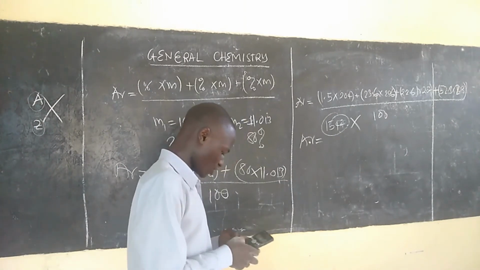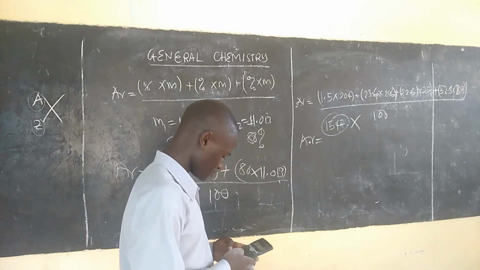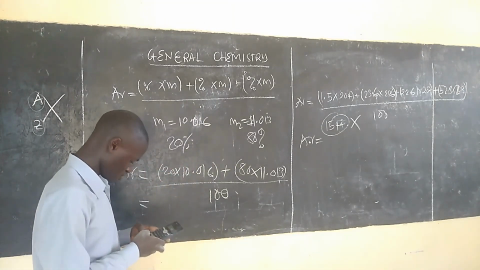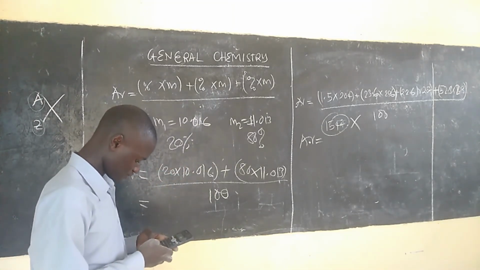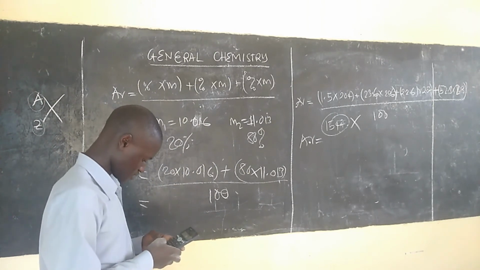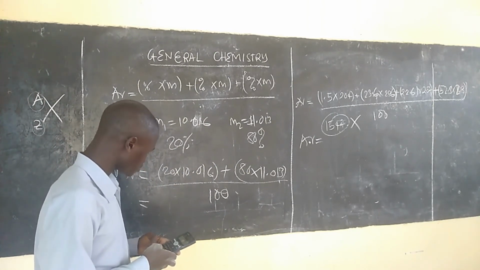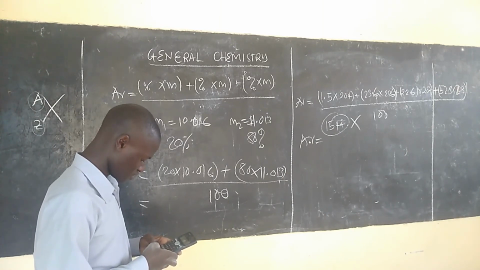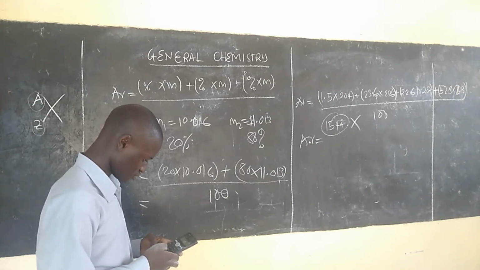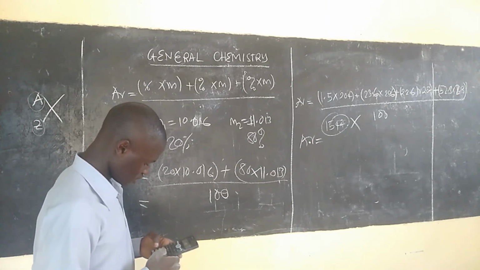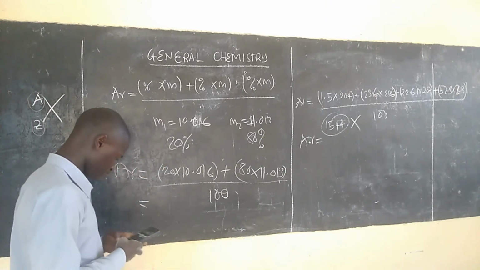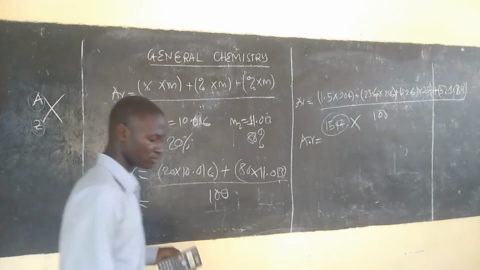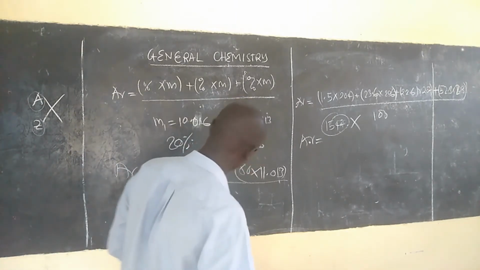Hapo tapata ni 20 times 10.016 plus 8 times 11.013. Hii hapa divided by 100 ni 10.8. Atomic mass of boron is 10.8.